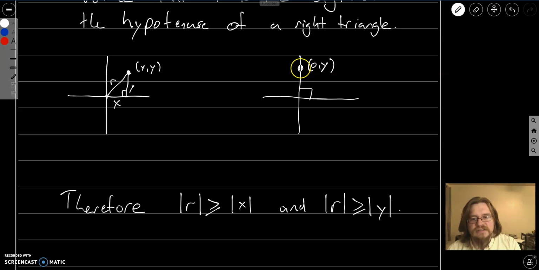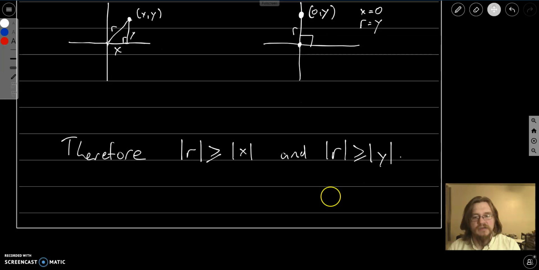And r is the distance from this point to the origin. So in this case, r is in fact going to be equal to y, and x is just 0. So the take-home message here is that r has to be bigger than x or y, or at least as big as, so it's greater than or equal to x and y.